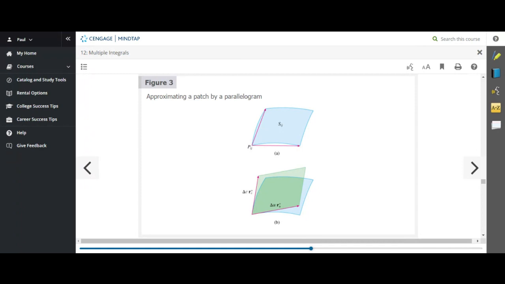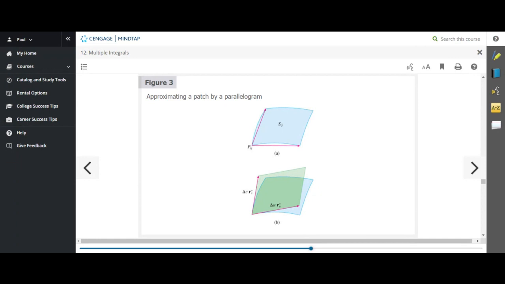And we could approximate the area of a patch that way by finding the area of the parallelogram whose sides are defined by delta u times the derivative vector r sub u and delta v times the derivative vector r sub v.